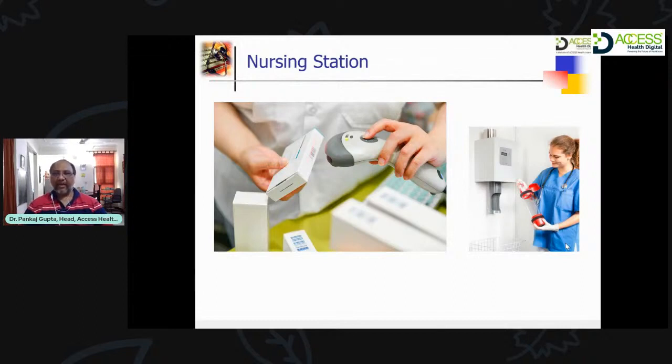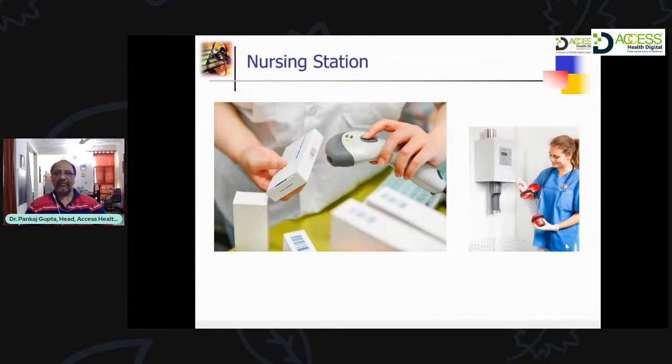Once it is taken out either from the cart or from the pneumatic chute, the nurse will scan the medicine that was given to her, and then the system will check whether it is the same medicine which was dispensed, whether it is the same medicine that was ordered. So the system will make all those checks, and then it will give you a green light or a beep saying good to go.